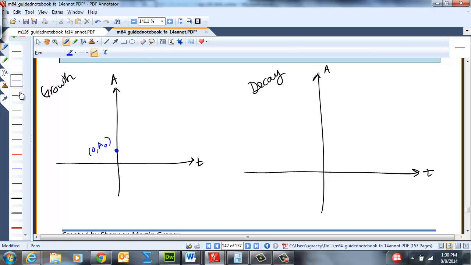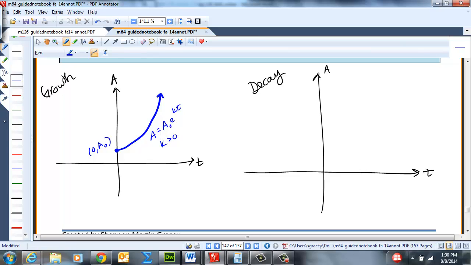And then a growth model is going to go, you're going to have something sort of like this, right, where it grows. And the equation will be A equals A0 e to the kt, and k is greater than 0.